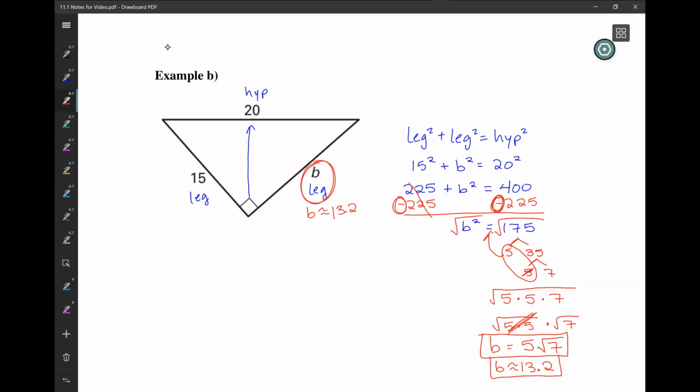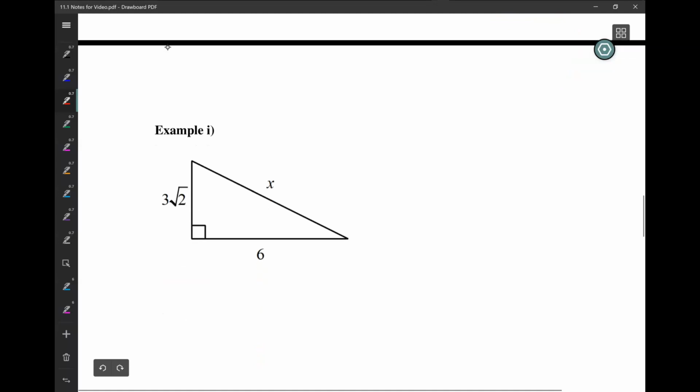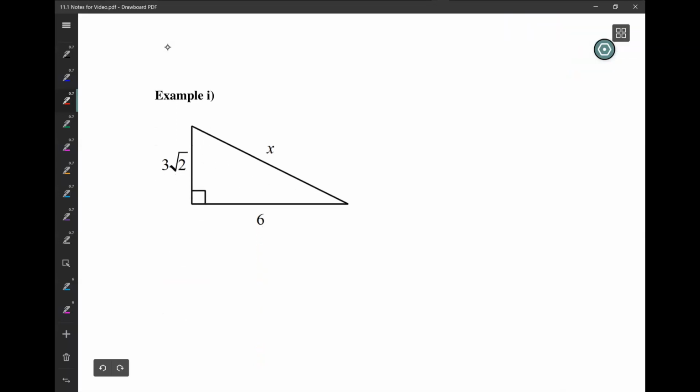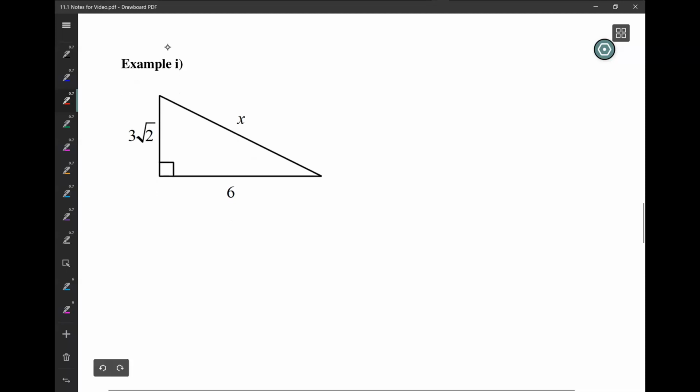Next example I am going to do is a little bit trickier. We're going to look down at the very bottom, at example I. The reason this one is tricky is because we have a side that already has a square root in it, with a length of 3 square roots of 2.